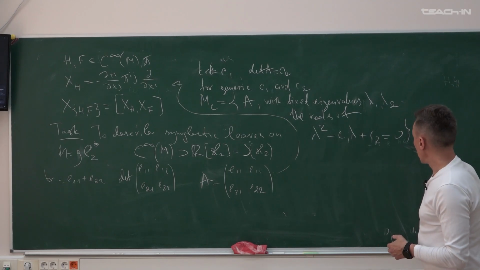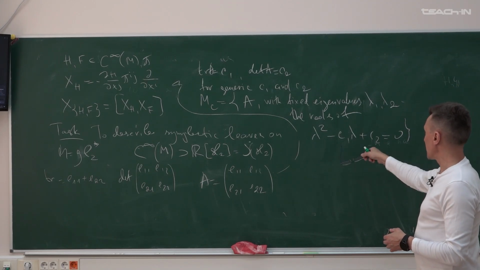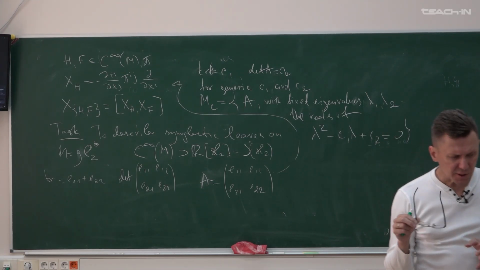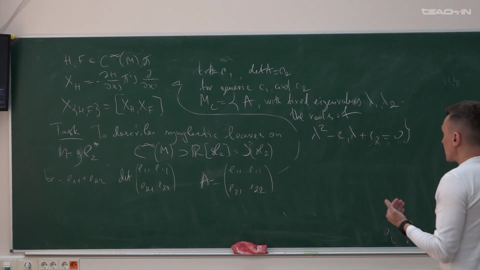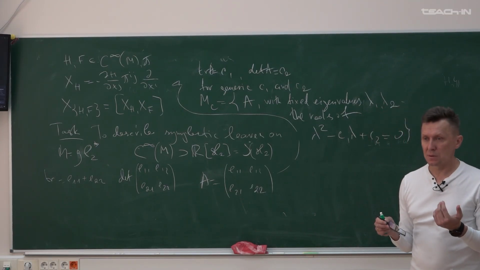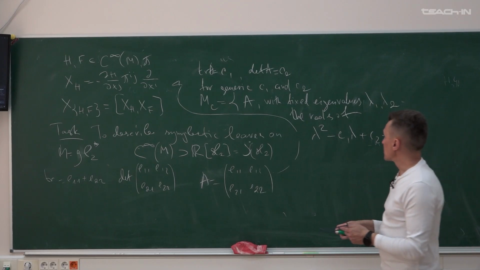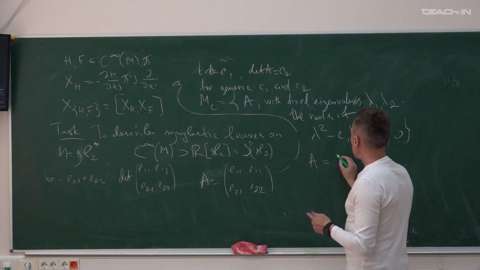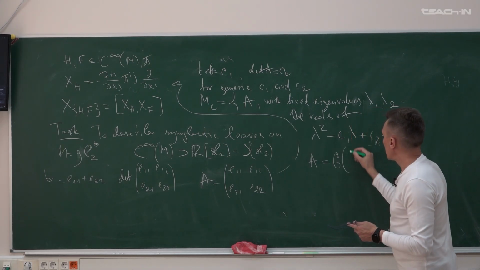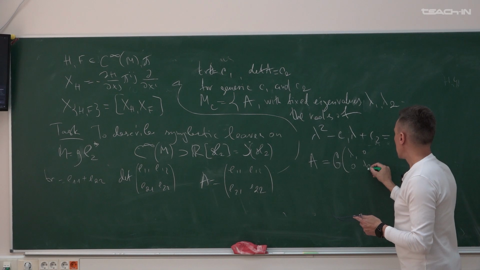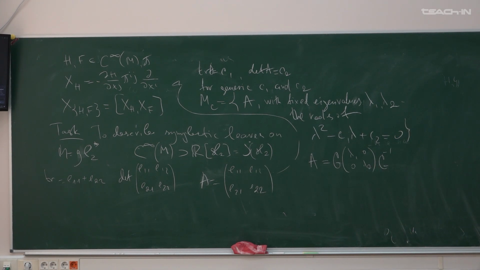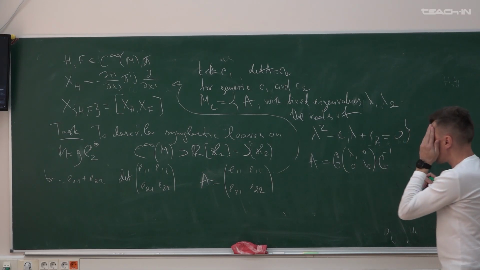So for generic C1 and C2, the roots of this characteristic polynomial are different, and it means that the matrix is diagonalizable. So the matrix A is something like G (lambda1, lambda2) G minus 1. So this matrix can be put into the diagonal form.